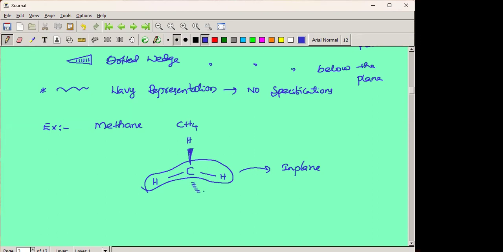And the other is represented with a dotted line, so this hydrogen is below the plane.